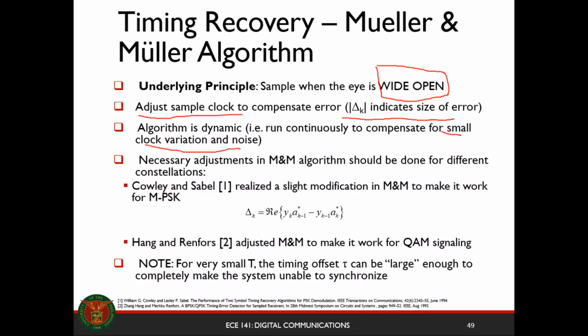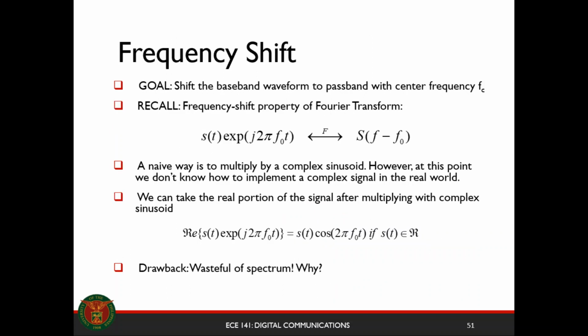Right? So an extension of M&M algorithm can be realized for two-dimensional signals by using conjugates. Right. So the next problem when transmitting signals over, for example, wirelessly, is when we have frequency shifts.